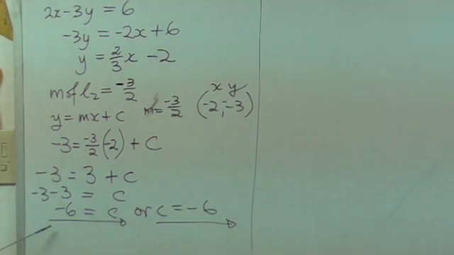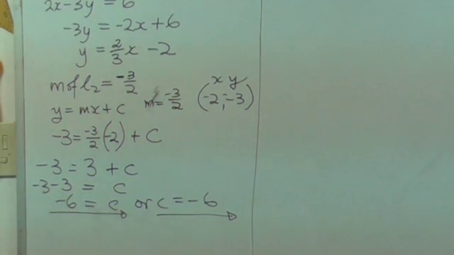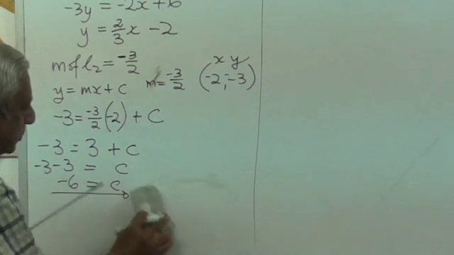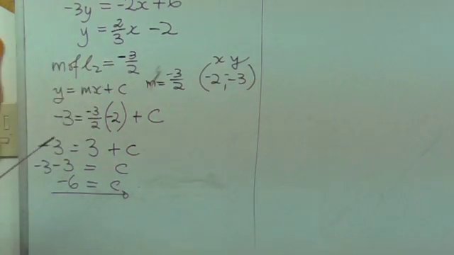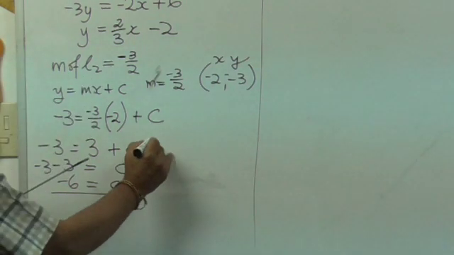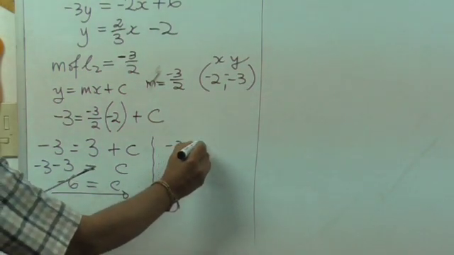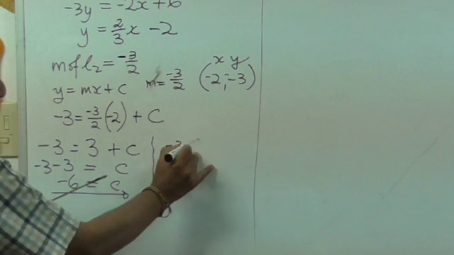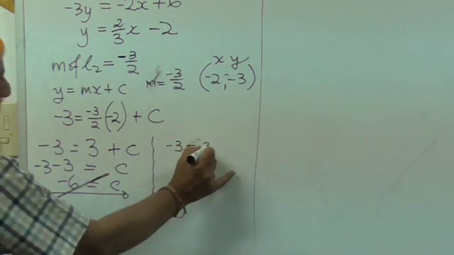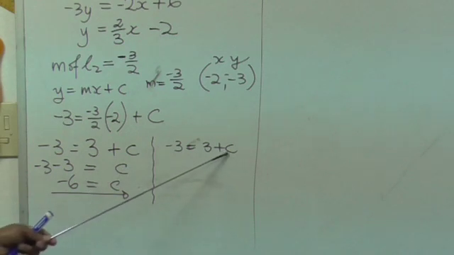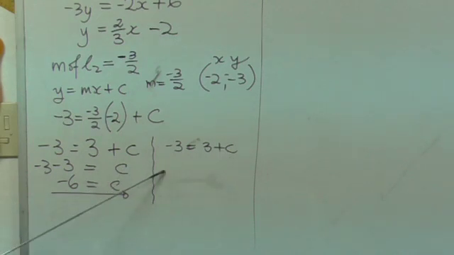Now, what I'm going to show you here is a mistake that students always make. So I'm going to redo this from here. From this step, you got minus 3 is equal to 3 plus c. Now many students, because they're solving for c, will bring the c across here, which is fine.